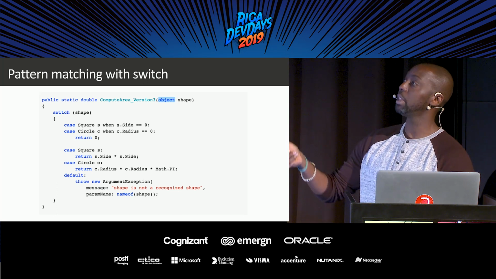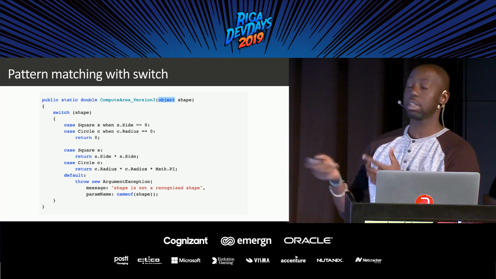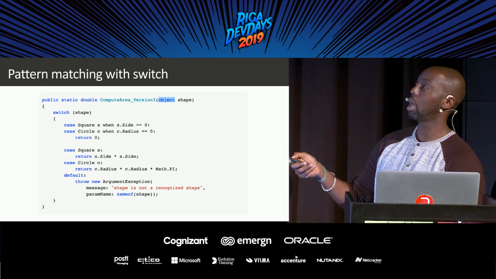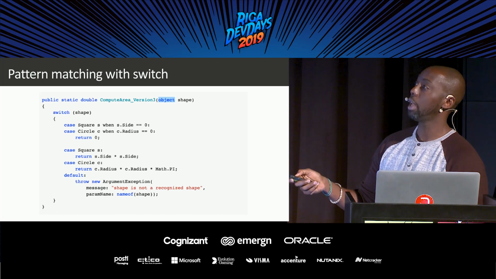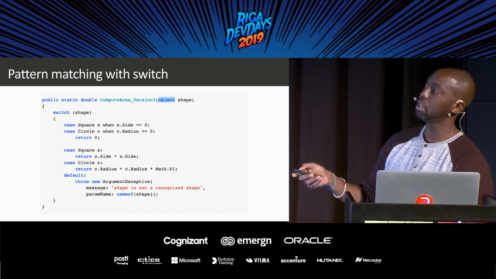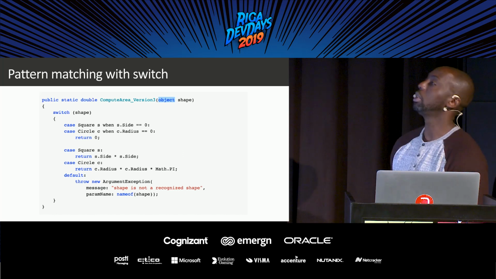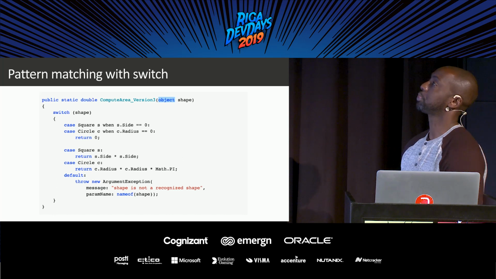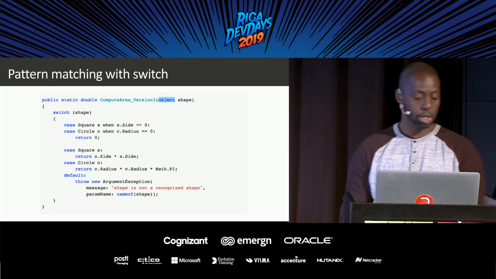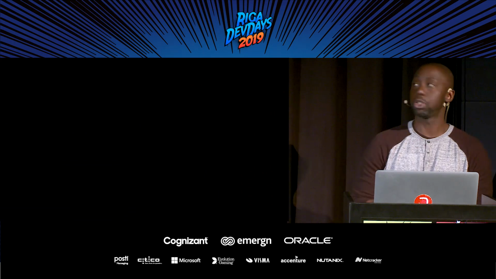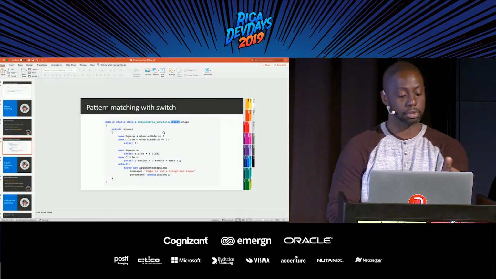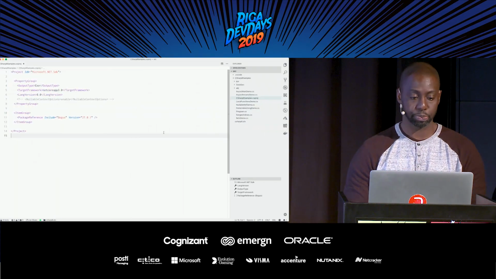So essentially what's happening is that my switch statement is inspecting this object, the instance of object I've gotten, and it's going to say, hey, if you match any of these types, then I want you to instantiate it or cast it to this variable. And then we can start inspecting the properties and start to do some interesting things here. Now, I'm going to jump into a really quick demo to show you a more concrete example of how you might use something like pattern matching.